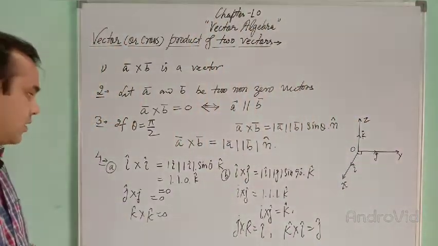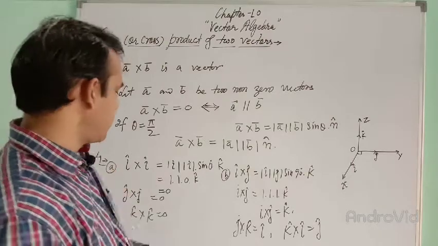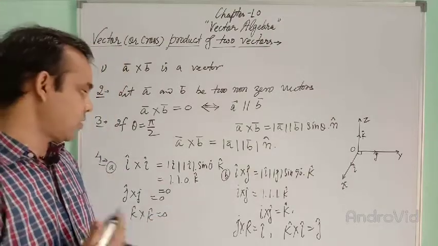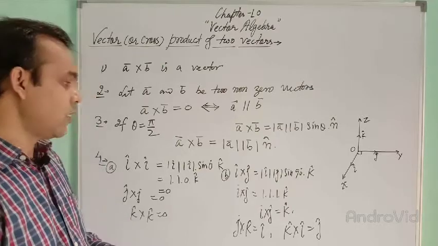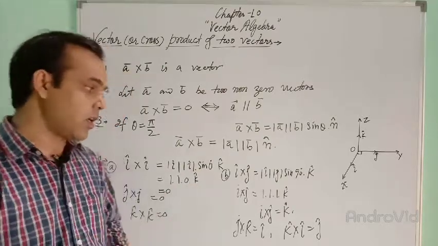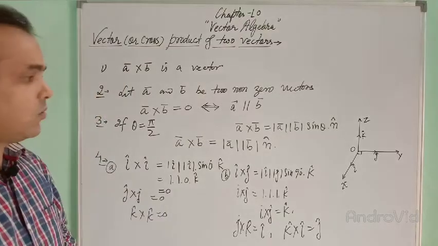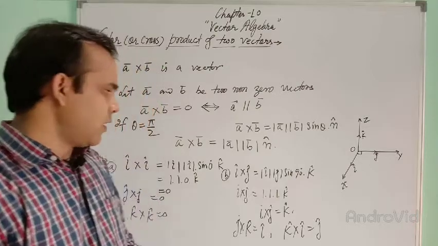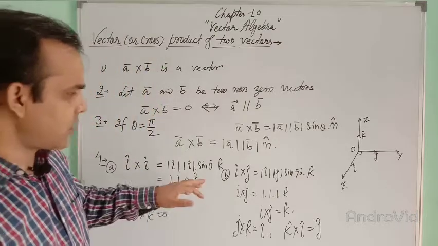I think it is clear to you all that i cross i equal to 0, j cross j equal to 0, k cross k equal to 0, but i cross j is equal to k, j cross k equal to i, and k cross i equal to j. One thing more you can understand here.